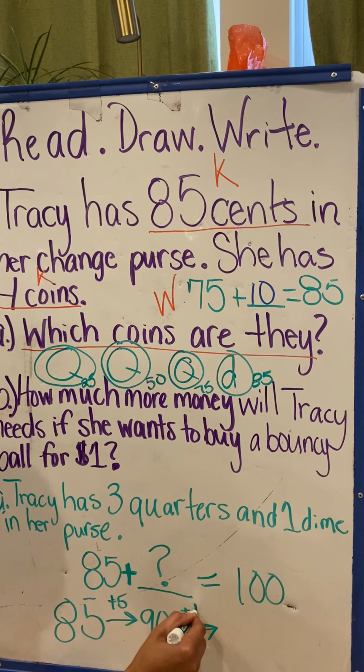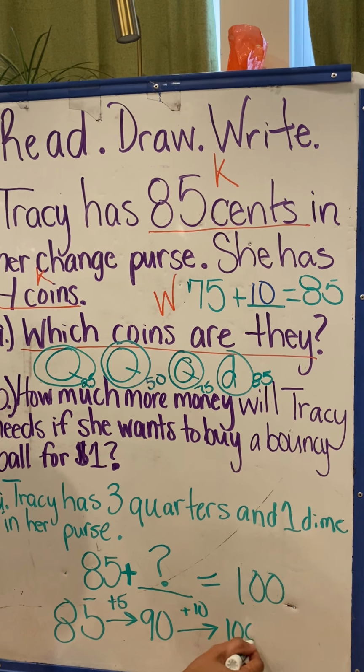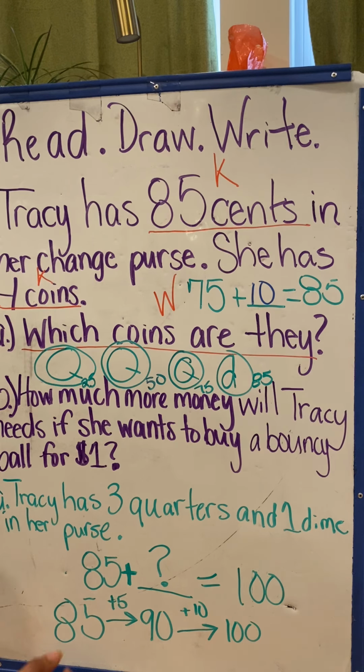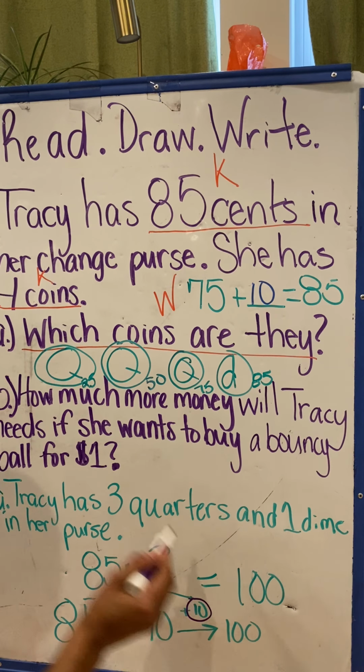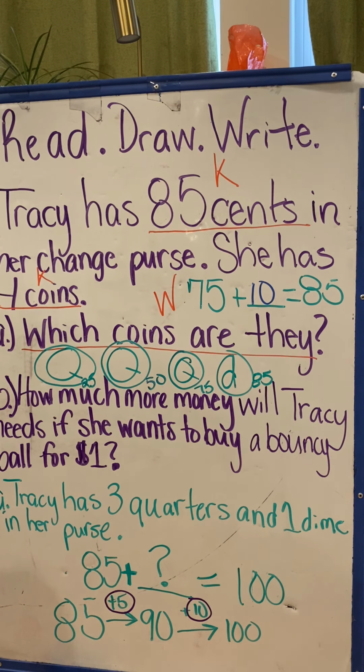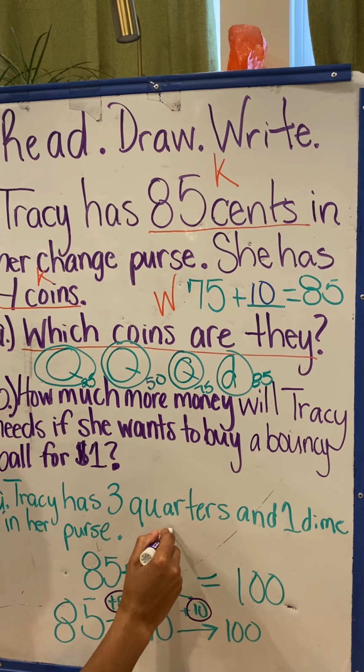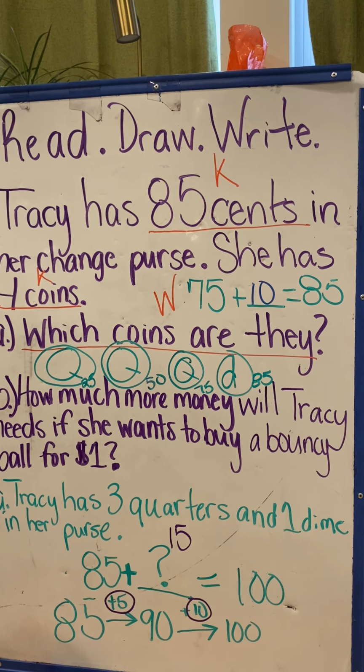I know that 90 plus 10 gives me 100 cents. Then I can count my hops, which will tell me how much more money Tracy needs in order to buy the bouncy ball. 5 plus 10 equals 15. So 85 plus 15 will give me 100 cents.